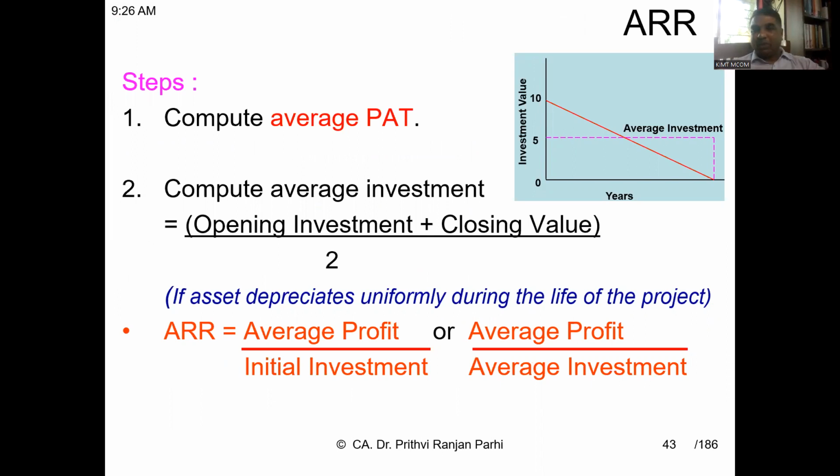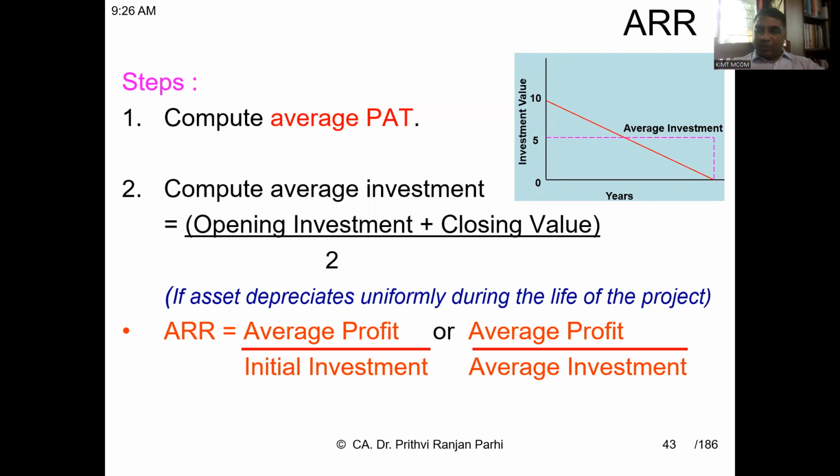There are two schools of thought. One says you can calculate the profit after tax on initial investment. The other says no, you calculate it on average investment. You may follow any method. Results will be different, but it doesn't matter.